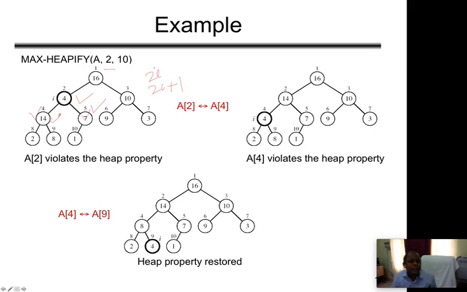So 2i indicates the left child and 2i plus 1 indicates the right child. Among these three elements we compare A[i], A[2i] and A[2i plus 1]. Whichever is the bigger will be exchanged with i. If i is the bigger, there is no need to exchange, and we terminate there.